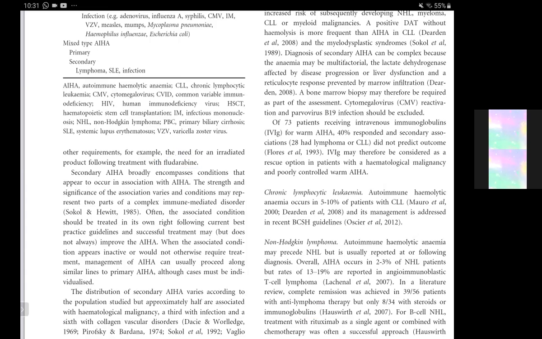So not only do you need to treat the autoimmune hemolytic anemia itself, but sometimes if you treat the associated condition, the immune hemolytic anemia can also improve. But it does not always improve when the associated condition appears inactive or would not otherwise require treatment. Management of secondary autoimmune hemolytic anemia can usually proceed along similar lines to primary, although cases must be individualized.